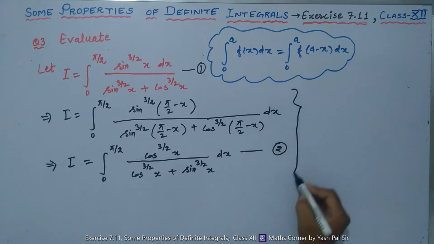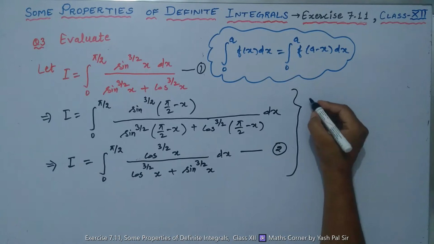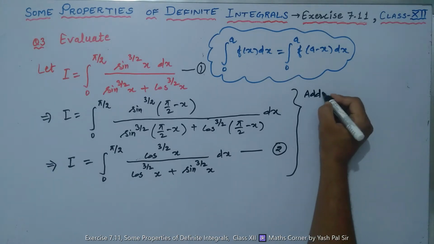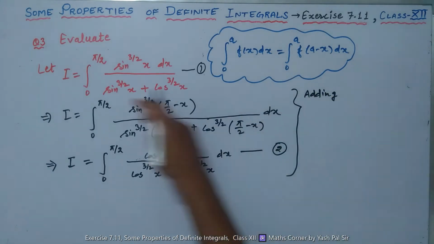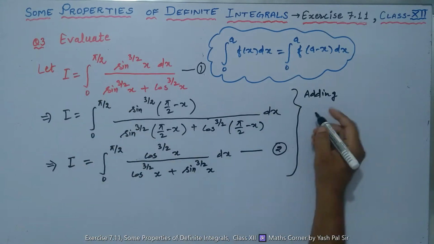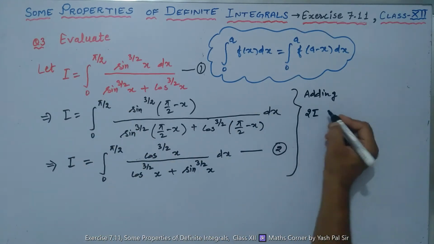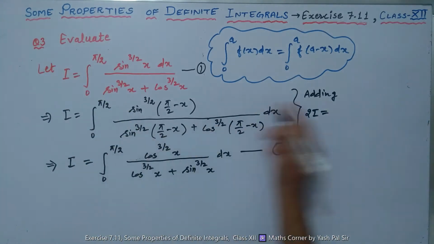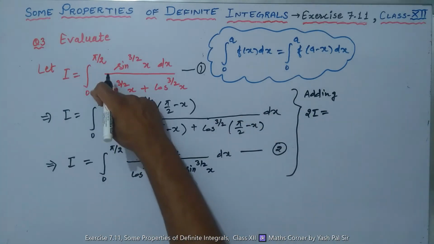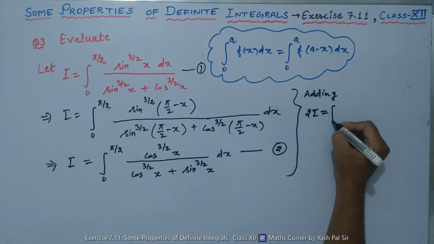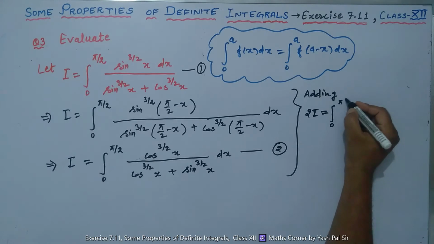Again adding equation number 1 and 2, what happens, I plus I becomes 2I, limit is same, 0 to pi by 2. So we write this one time.